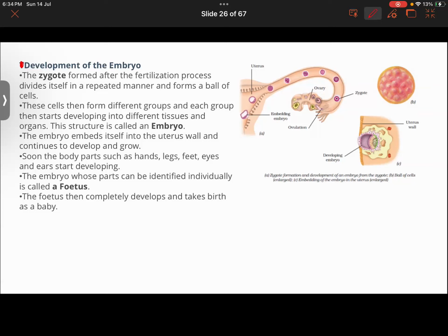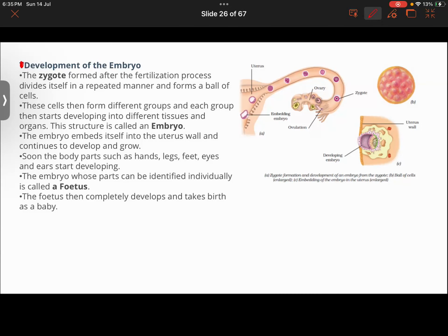The embryo embeds itself into the uterus wall and continues to develop and grow. Soon, the body parts such as hands, legs, feet, eyes, and ears start developing. The embryo, whose parts can be identified individually, is called the fetus. The fetus then completely develops and takes birth as a baby. Good.